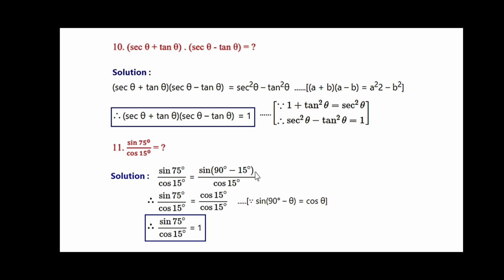Sine 90 minus theta is the cos theta. Accordingly, sine 75 upon cos 15 is equal to cos of 15, 90 minus this one 75 is 15, upon cos of 15. Therefore, sine 75 upon cos 15 is equal to 1. These two get cancelled. So the value of sine 75 upon cos 15 is 1.